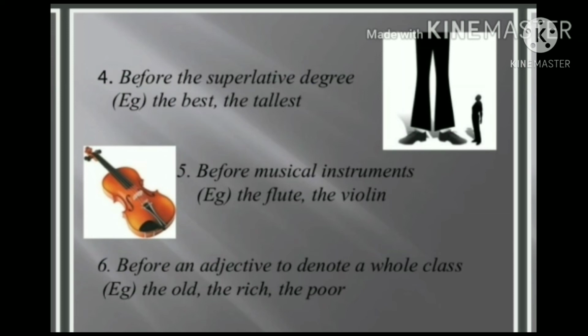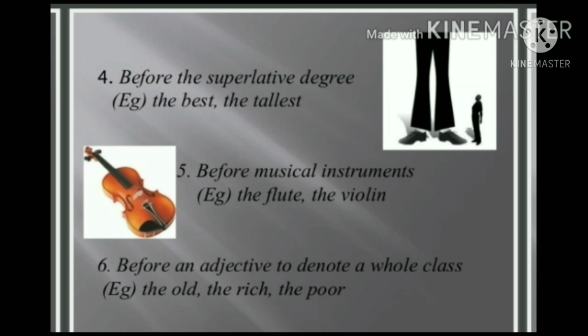Now I am going to tell you about where else we can use the definite article the. We can use it with such words as first, last, next, only, same, following, previous. The next one is we can use it with the names of trains, ships, aeroplanes. Example, the Taj Express, etc. Newspapers, that is the Indian Express, the Hindu, the Times of India.